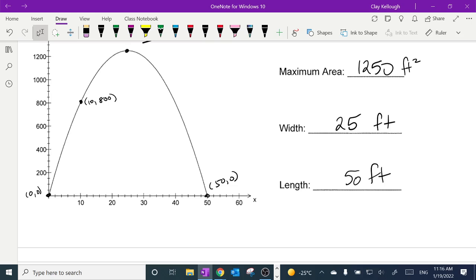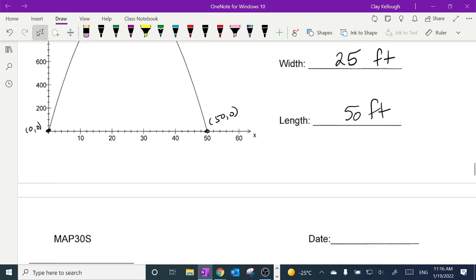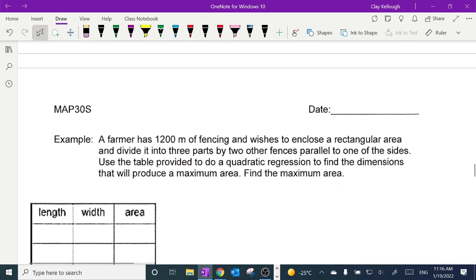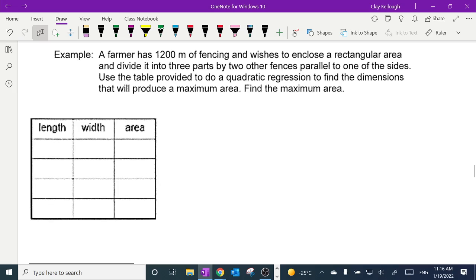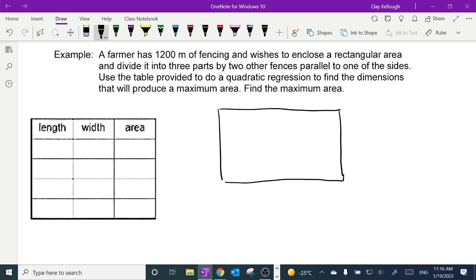All right, we got one fairly similar but a little more complicated. A farmer has 1,200 meters of fencing and he wishes to enclose a rectangular area. Let's draw a rectangular area, and divide it into 3 parts by 2 other fences parallel to one of the sides.